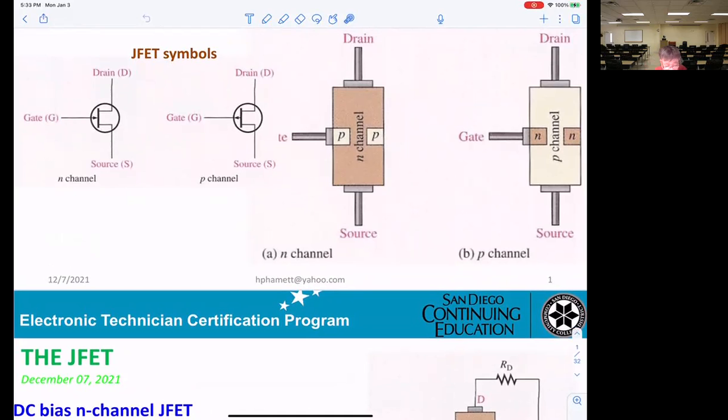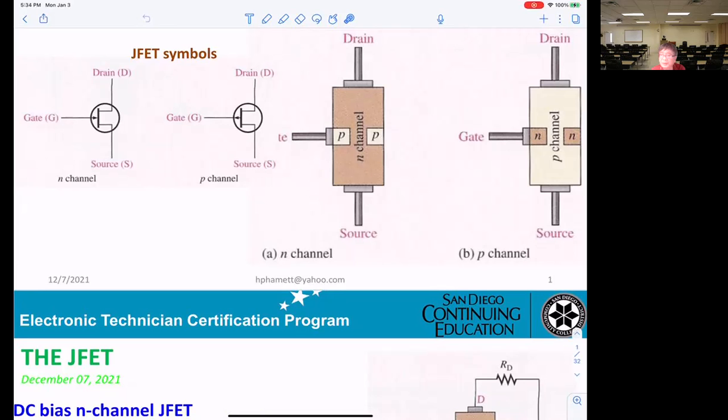You understand what JFET stands for, right? Junction field effect transistor. Basically, there are only two different types: one is called an N channel, and one is a P channel.